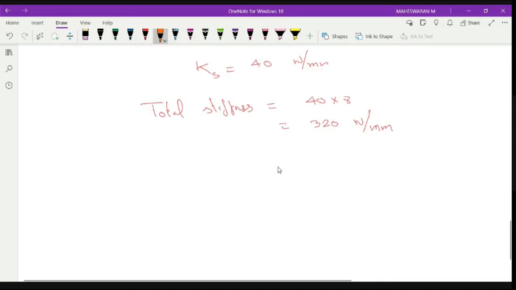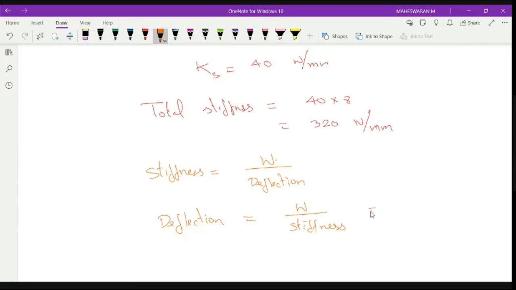We know that stiffness is nothing but force W divided by deflection. Right? Our aim is to identify the deflection. So what is the deflection or initial compression in this spring? It is equal to force divided by stiffness.